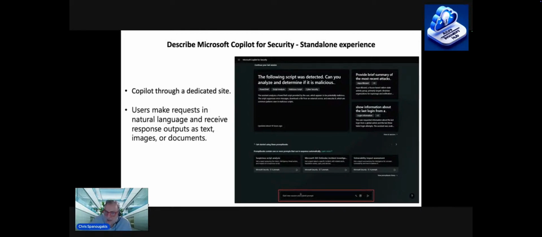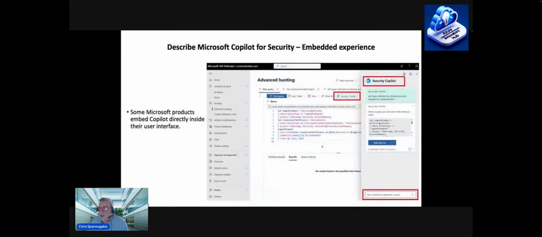You can actually type your prompts in natural language and receive responses, even if you don't want to use the ready-made promptbooks that are located here. The next experience is the embedded experience. As you can see now, I use the Microsoft 365 Defender portal.